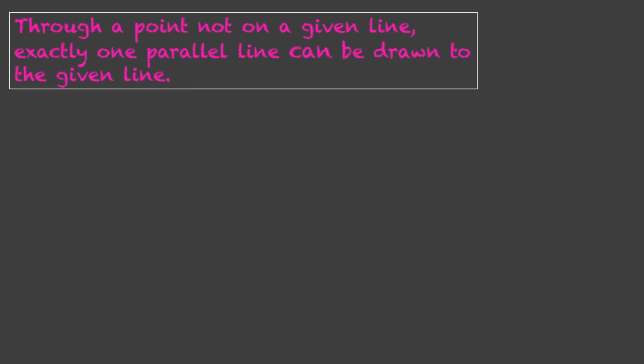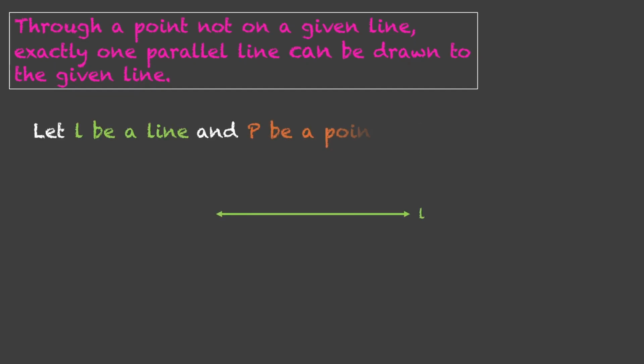One very prominent one is, through a point not on a given line, exactly one parallel line can be drawn to the given line. Let us say we have a given line L and P be a point not on it. So P can be anywhere, let's take it over here.